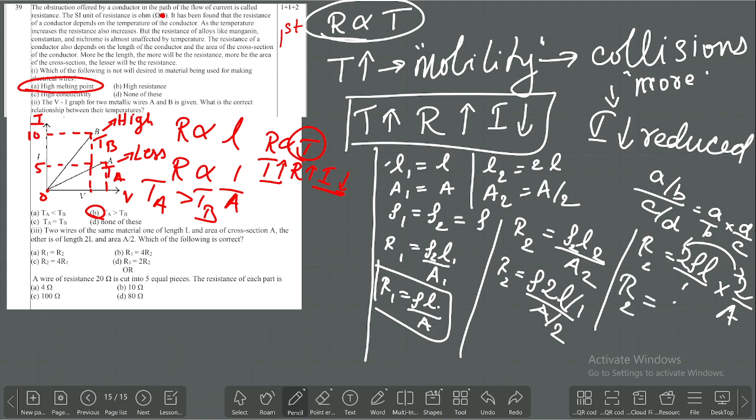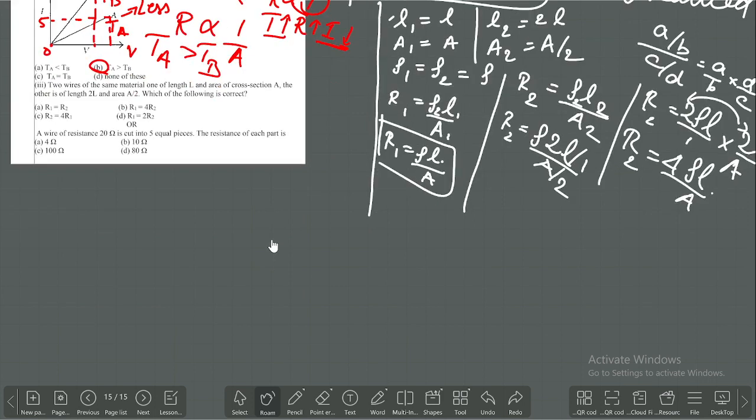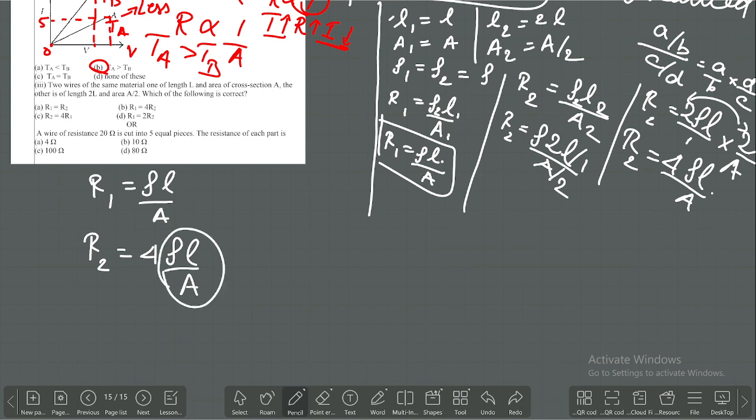So R2 is equal to 4 rho L by A. So we got R1 as rho L by A and R2 as 4 rho L by A. Instead of rho L by A, we can write R1. So R2 is equal to 4 R1.